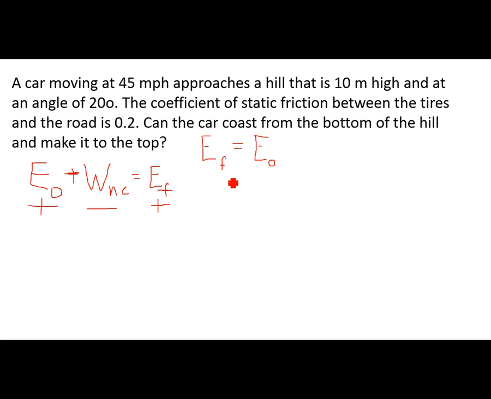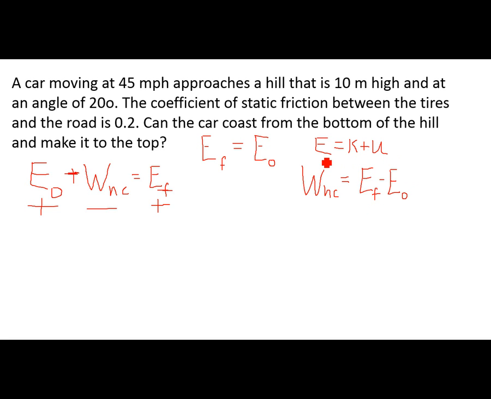Most of the time we rearrange that formula and it looks like this. It says non-conservative work equals the change in mechanical energy. Okay. Now, remember what the definition of mechanical energy was. E was K plus U. K plus U. Okay.